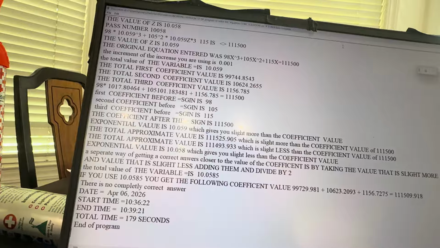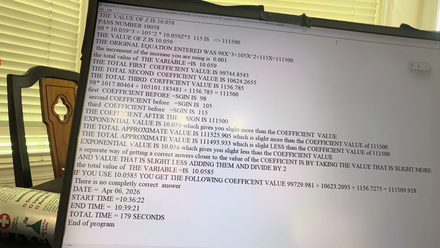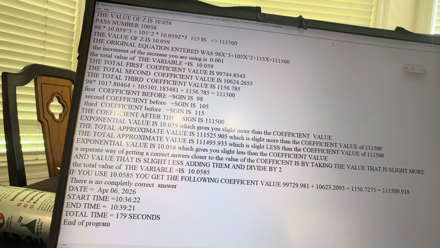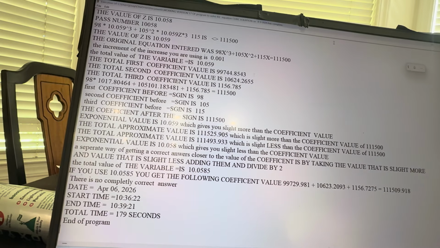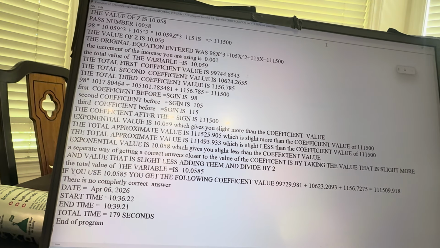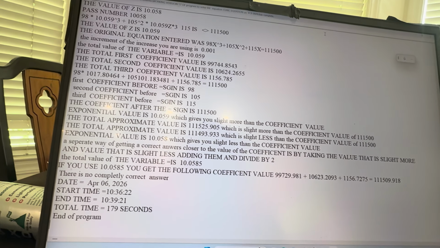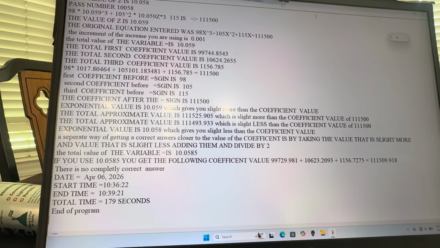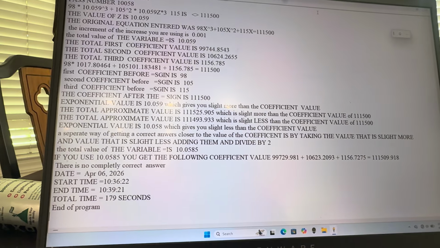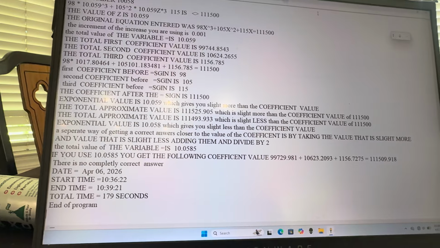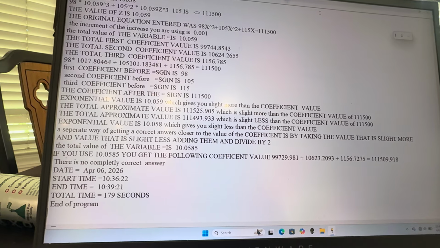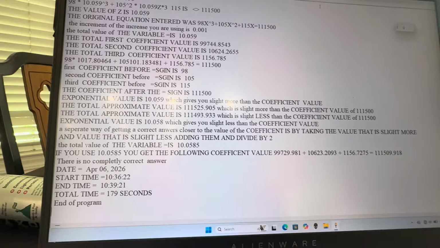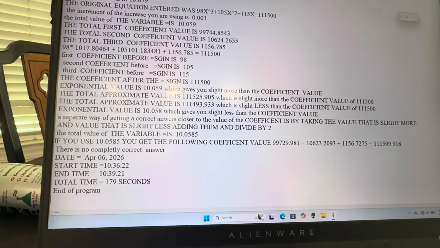If you have 10.058, it gives you 111,493.933, which is slightly less than 111,500. If you take the two of them and divide by 2, you get 10.0585, and you get 111,509.918. There was no completely correct answer to this, but the total time was 179 seconds.